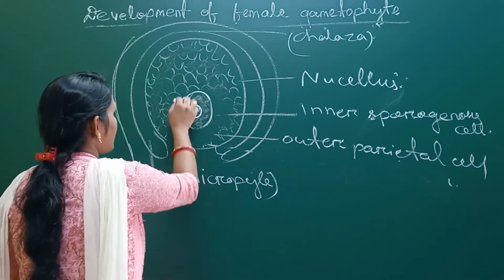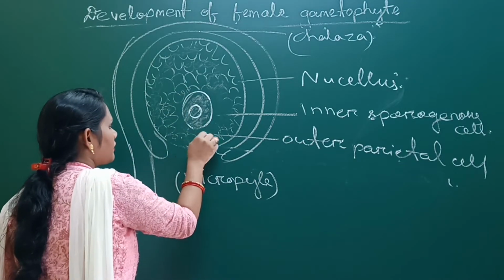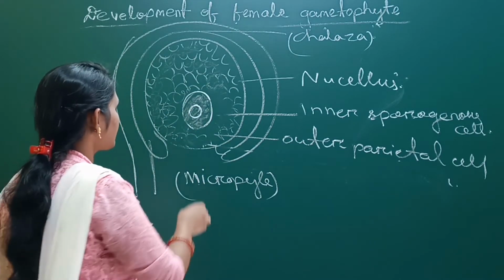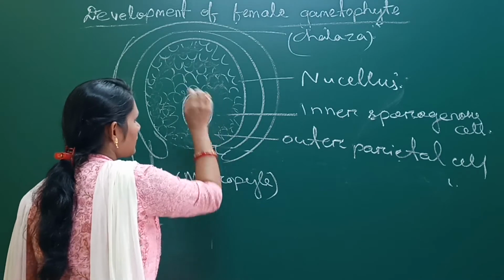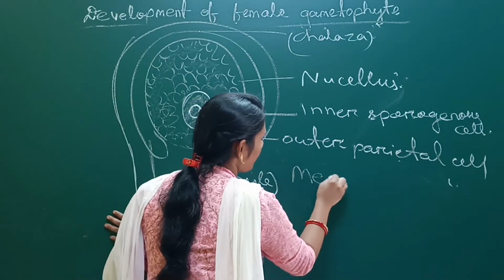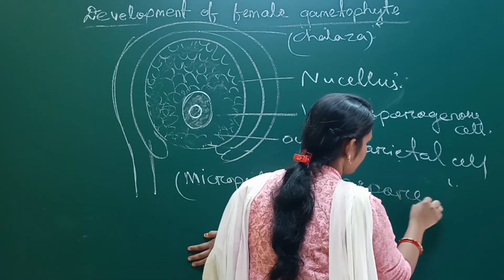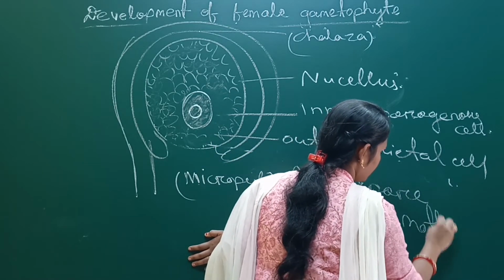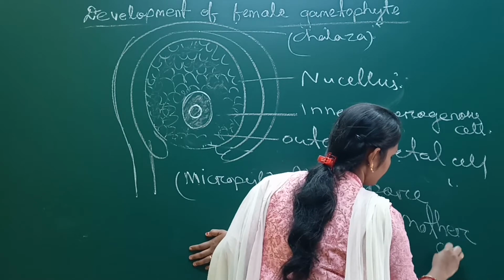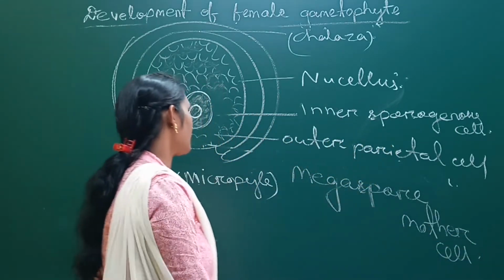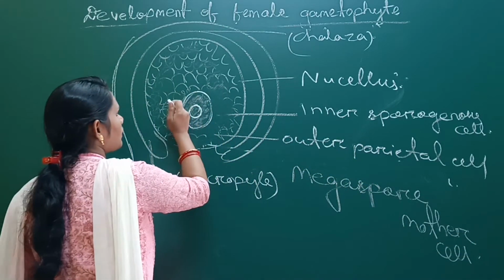Gradually, the sporogenous cell turns into the megaspore mother cell.